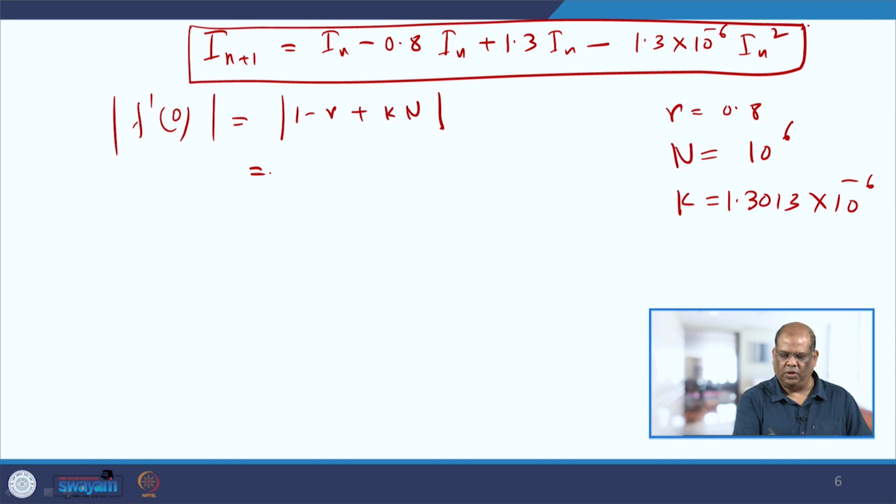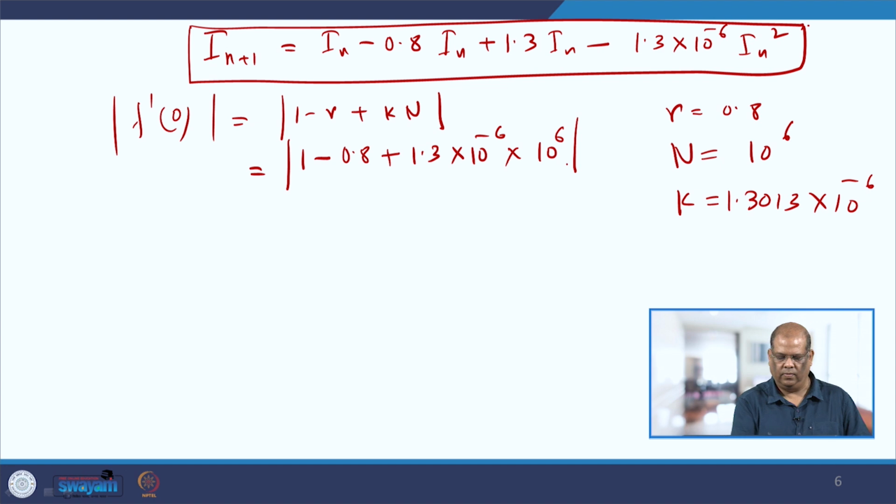If I substitute these values, I get 1 minus 0.8 plus 1.3 into 10 to the power minus 6, and n is 10 to the power 6.